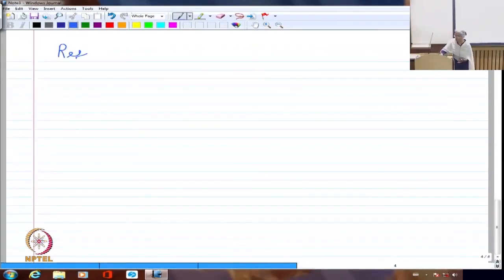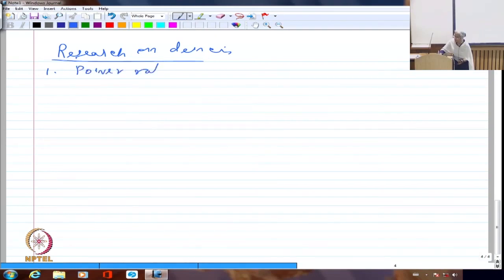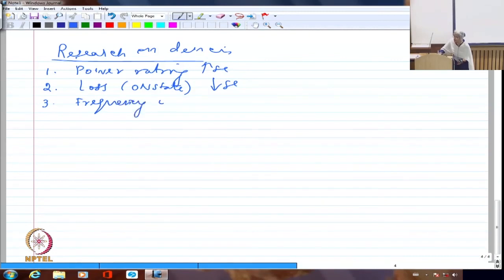So research essentially concentrates on power rating increase, loss, rather on-state loss, reduction. The third one is frequency of operation.